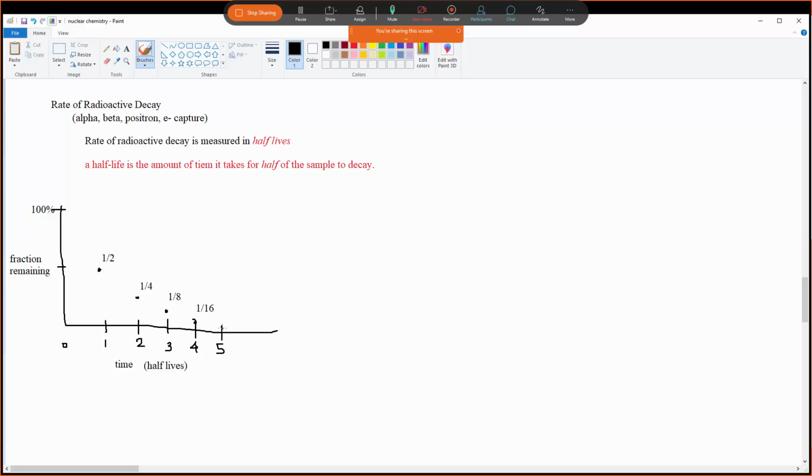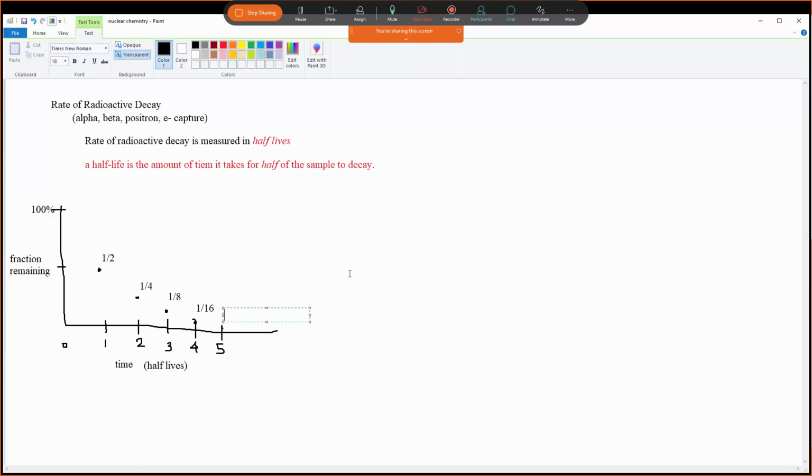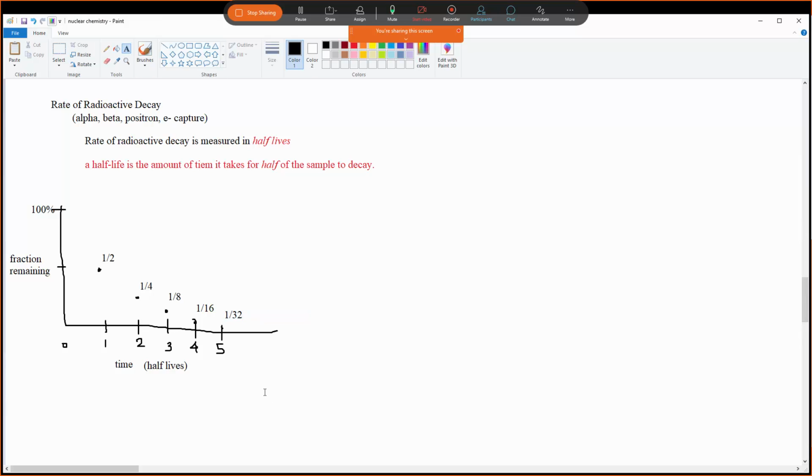So of course at 5, it's going to be half of 1/16, which is 1/32, as you can see. Okay. Now, we call this an exponential decay curve, and it never really gets to 0, but it gets close enough for all intents and purposes.